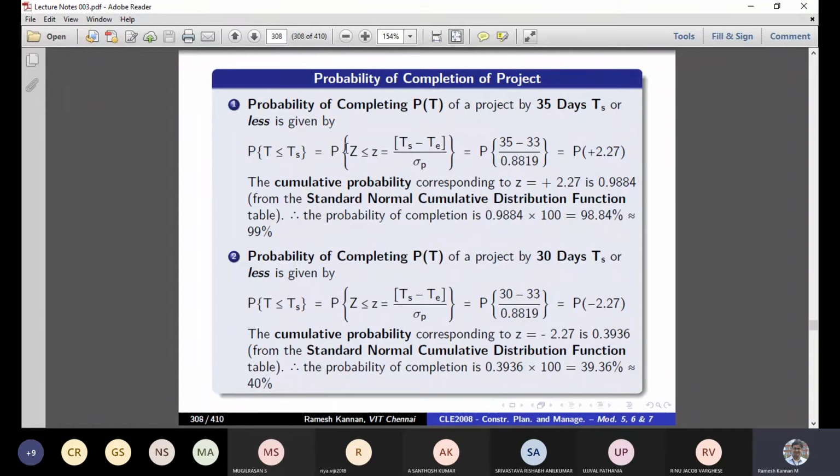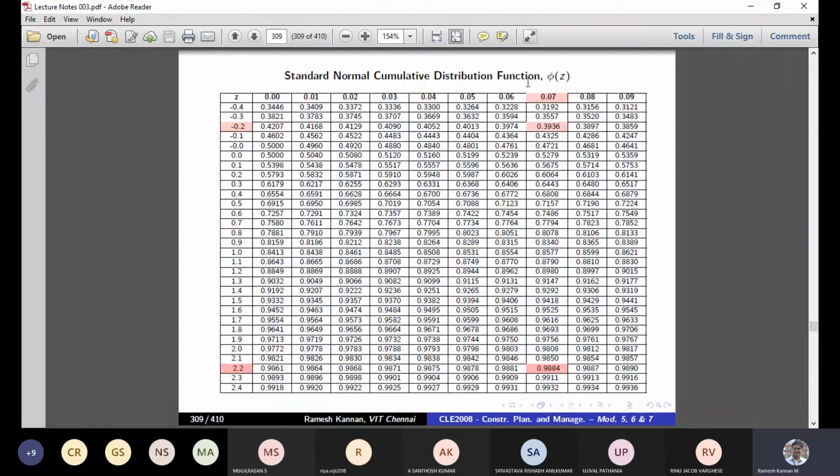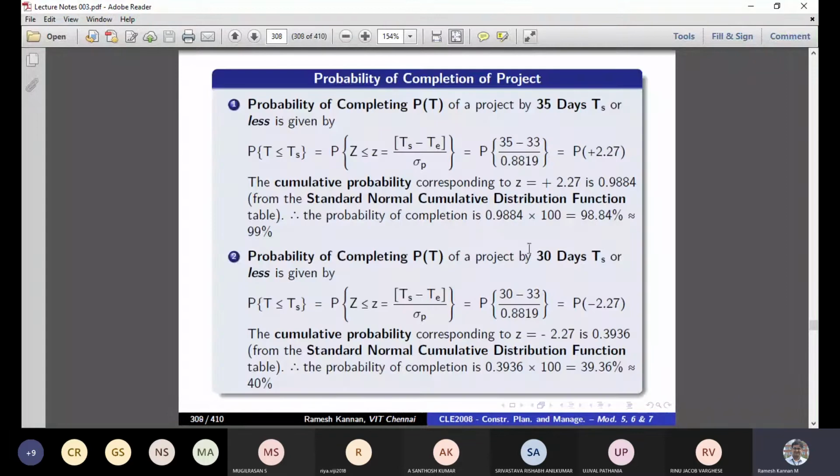So let's take a look at that. The first thing is plus 2.27. So the Z value is plus 2.27. From that, we need to find the cumulative probability value, which is the standard normal distribution value. For that, you have to go to the normal distribution table.